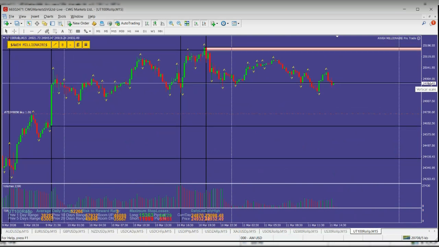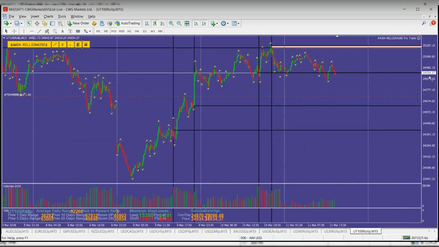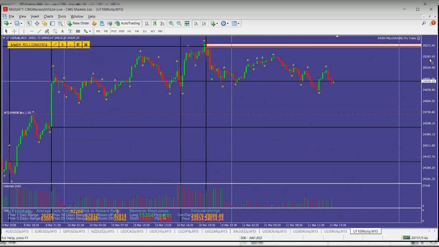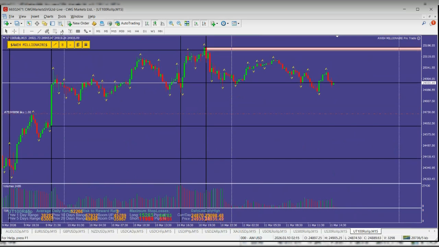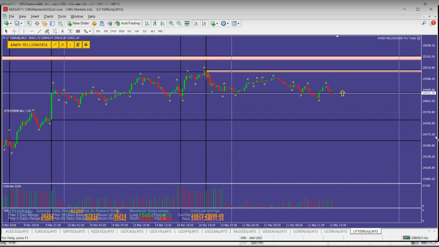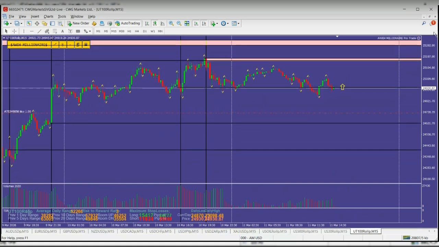So what we have here, zoom out. Let me just zoom in and focus on the more recent levels. So basically, we've got demand number one here, demand number 2 and 3 below, supply zone number 1 at the top here, and then supply zone 2 just slightly above.